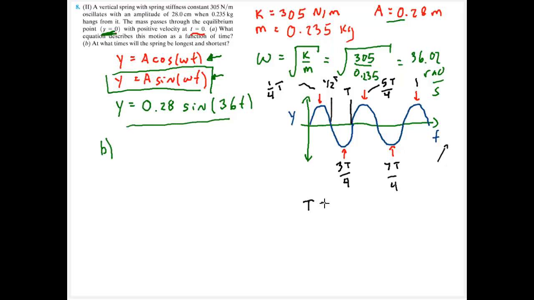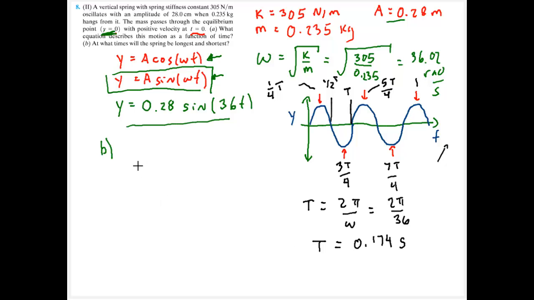We know that the period is related to the angular velocity, such that 2 pi divided by the angular velocity, or 2 pi divided by 36, my period is going to be equal to 0.174 seconds.